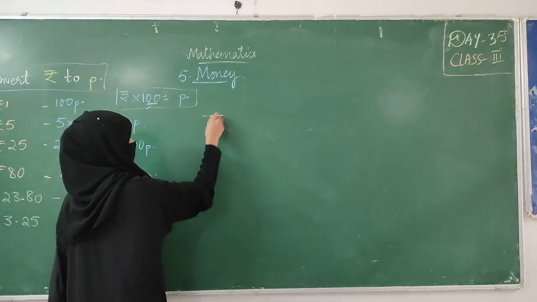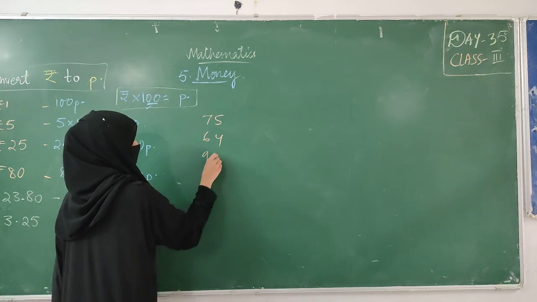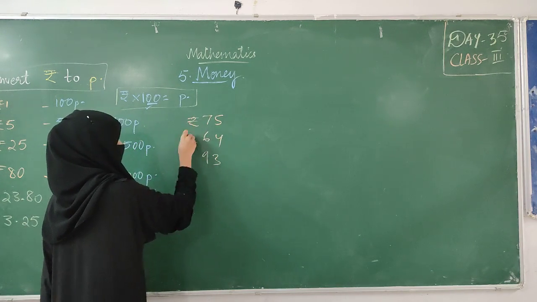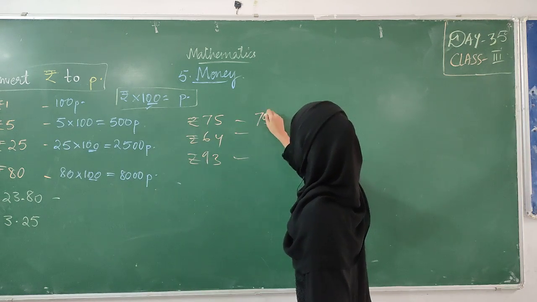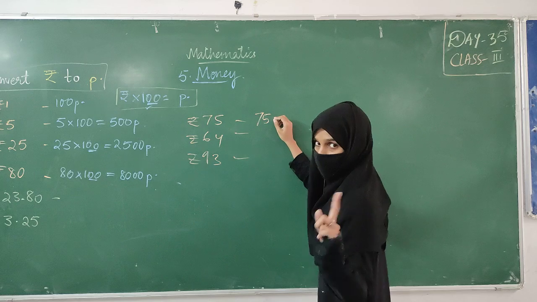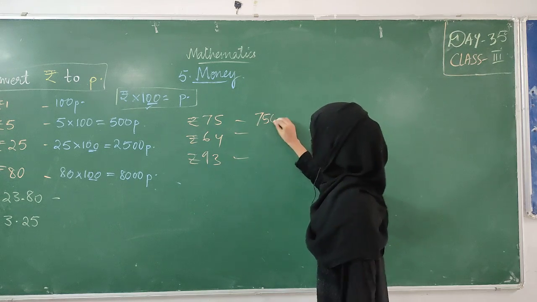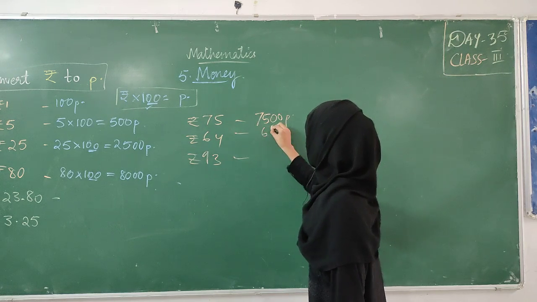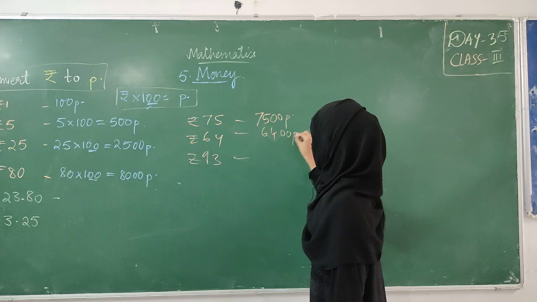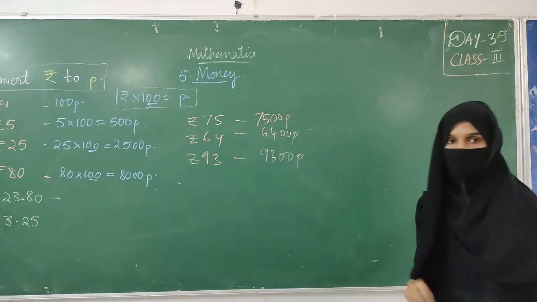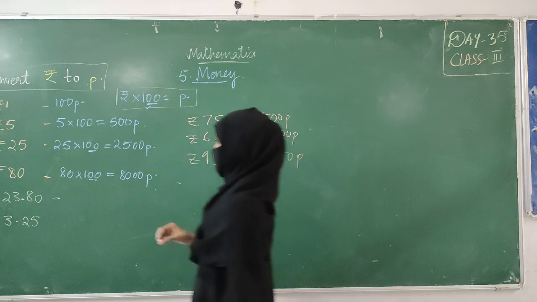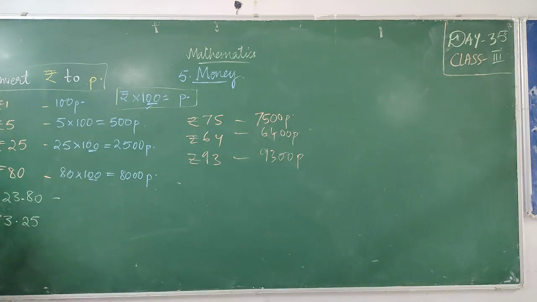If I give you 75, 64, 93, any rupees, and tell you to convert it into paise, directly you write 75. To change to paise, you are multiplying by 100. 100 has 2 zeros, so put 2 zeros and P. 64, put 2 zeros and P. 93, put 2 zeros and P. Okay, got it? Now, next we will go to this question where we have both rupees and paise.